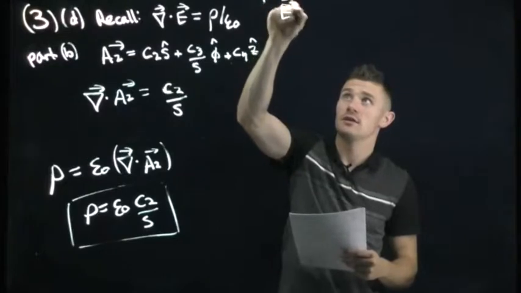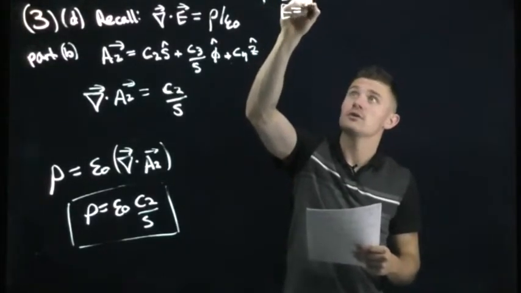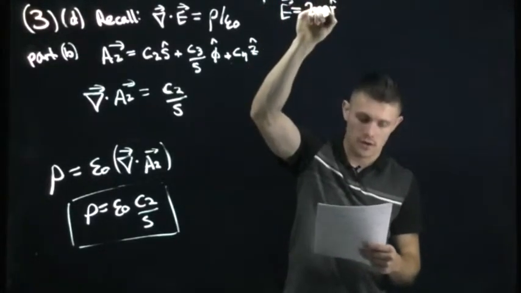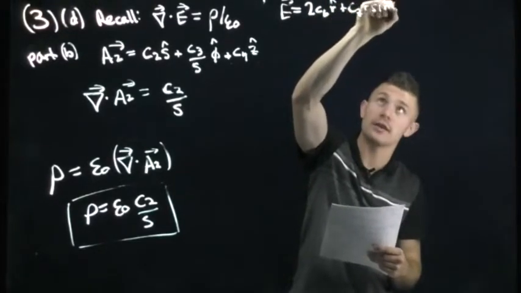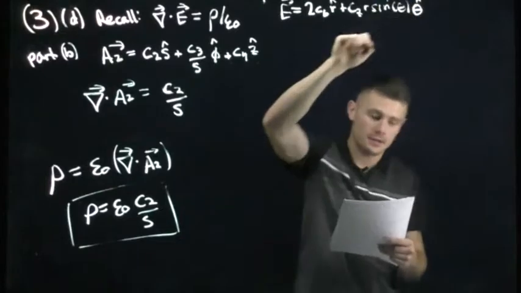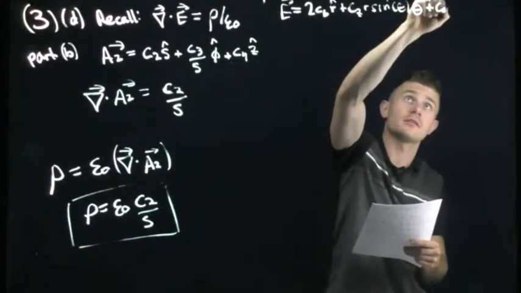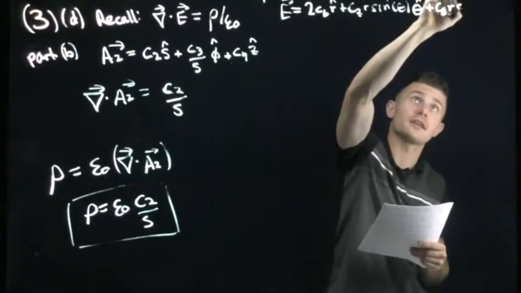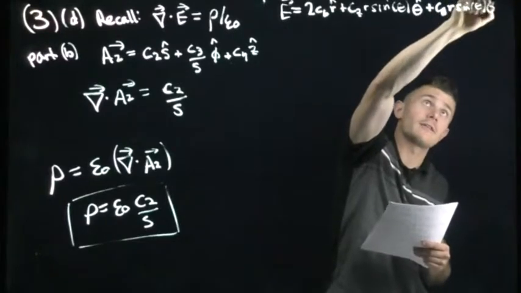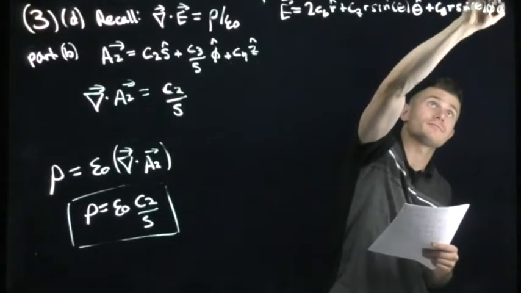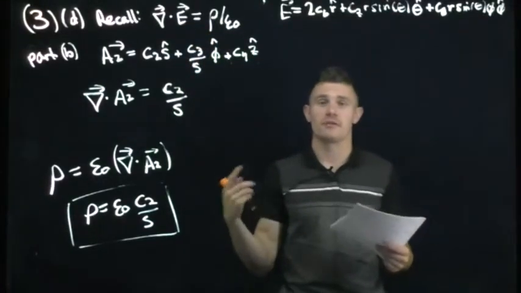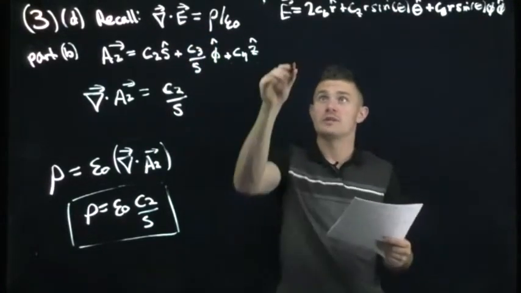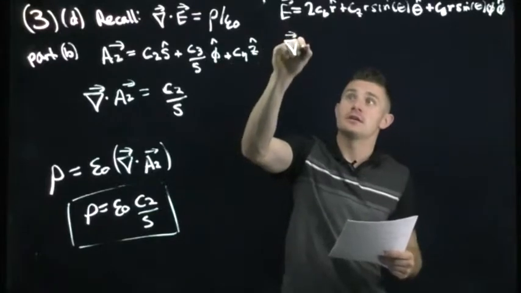We have that E is equal to 2C6 r hat plus C7 r sine theta theta hat plus C8 r sine theta phi hat. And again, we find the divergence of E is equal to rho over epsilon naught. So if we want to find the charge density rho, we can take the divergence of this in spherical coordinates.